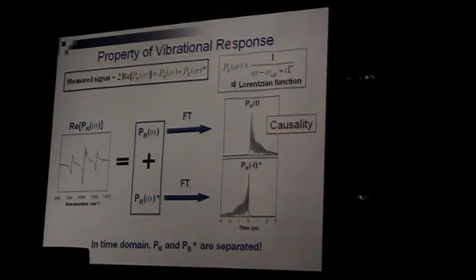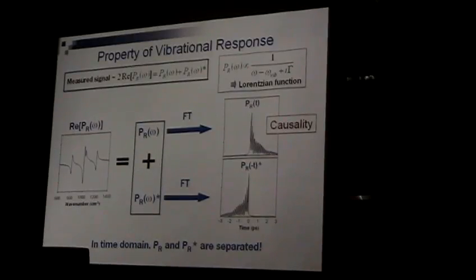Say you have a vibrational response, which is a complex Lorentzian, right? If you plot the real part, it looks like this, and the real part is nothing but the sum of complex conjugates, right? So two times the real part is, if you just sum the original complex function and the conjugate complex function, the imaginary part cancels out.